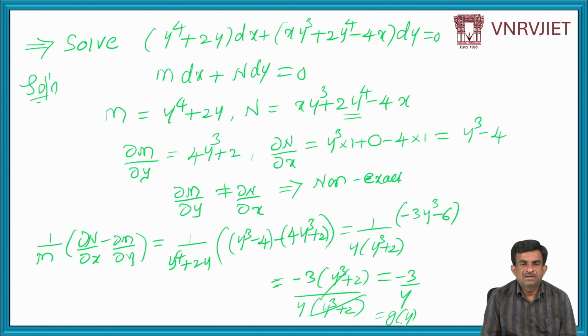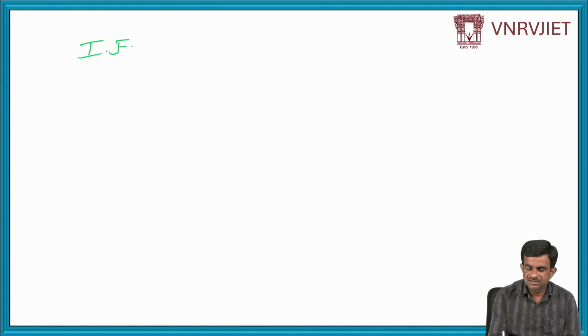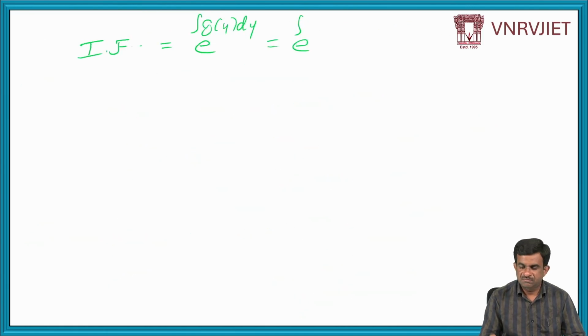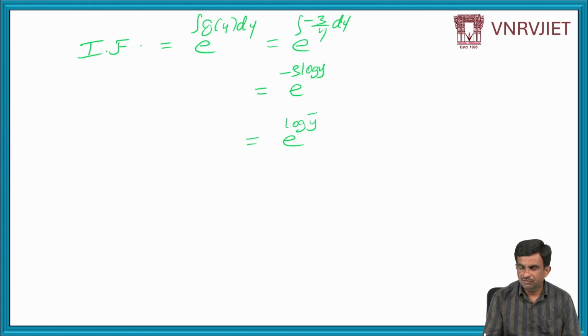Okay, here we got 1/M times (∂N/∂x − ∂M/∂y) as −3/y, that is a function of y. If it is a function of y, then we'll take the integrating factor as e to the power of ∫g(y) dy, which is e to the power of ∫(−3/y) dy, which is e to the power of −3 log y, which is e to the power of log y⁻³, using the m log n formula: m log n is log n to the power of m.